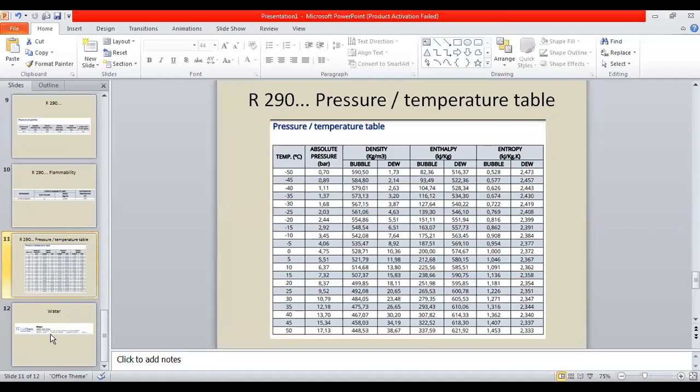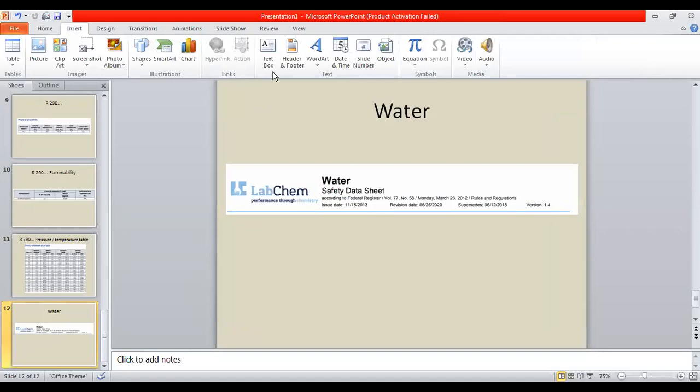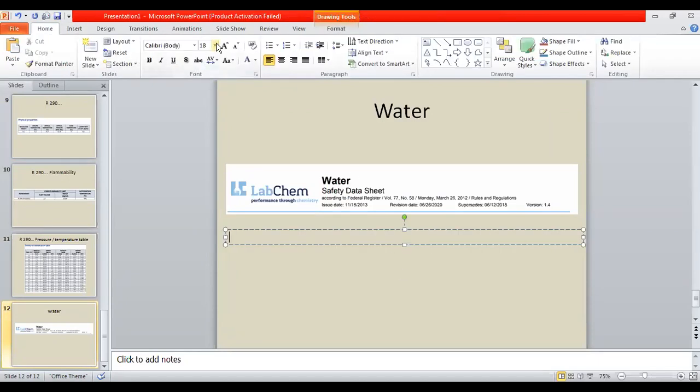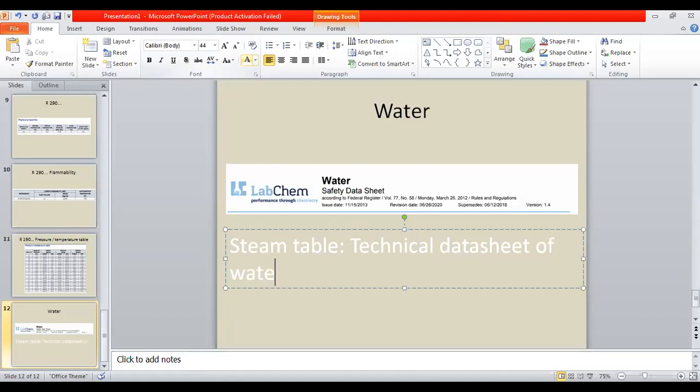So you should understand this. The steam table is the technical data sheet of what?